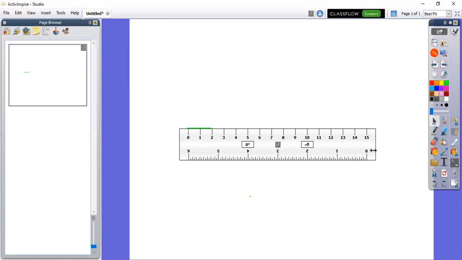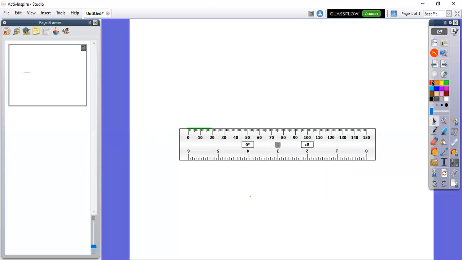Next it's asking me to extend my line. I want to make this line longer, that's what extend means, by 6/10 of a centimeter. On a regular ruler, you can see the different tenths. I'm going to change mine because I cannot see them right now, to say millimeters. So 2 centimeters is 20 millimeters.